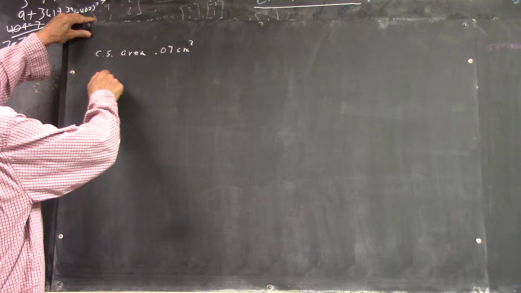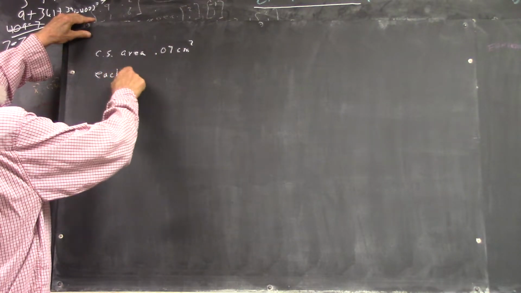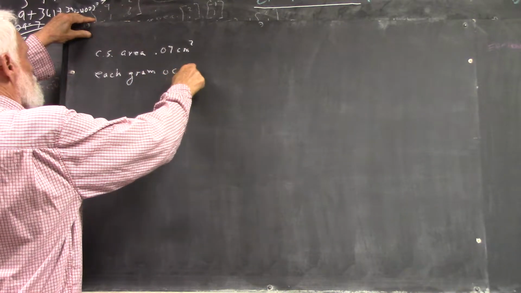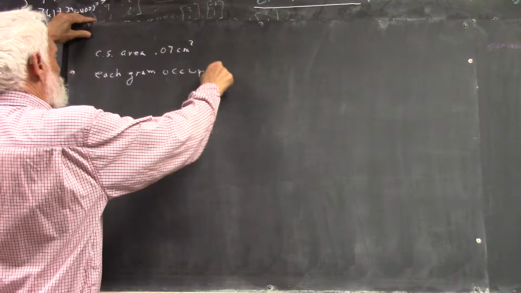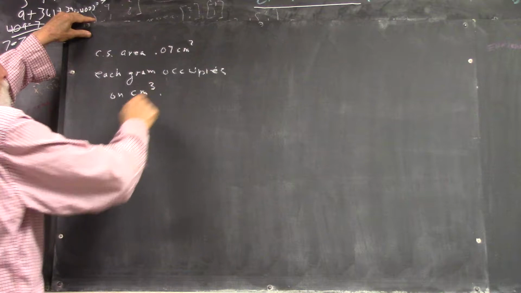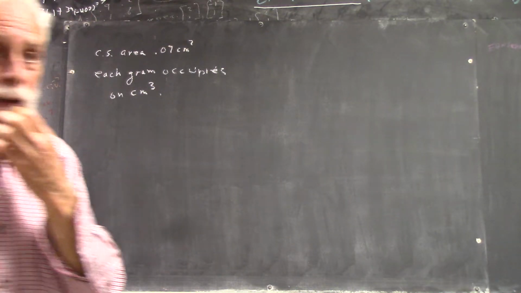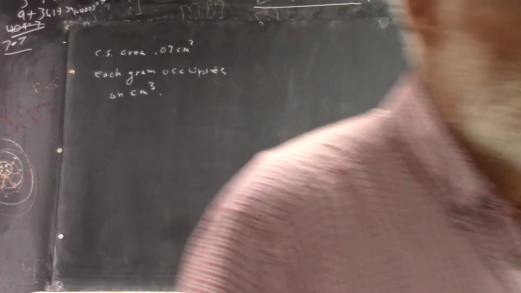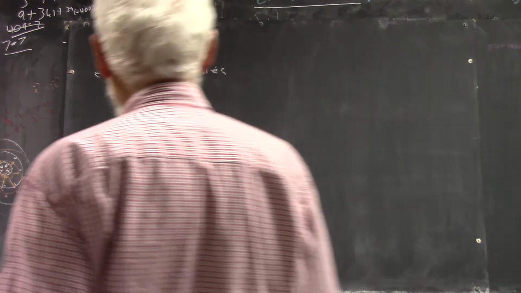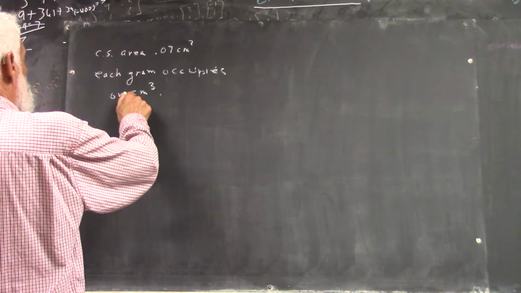And each gram occupies 1 cubic centimeter. Okay? And that's not one cubic centimeter, it's 1 cubic centimeter.